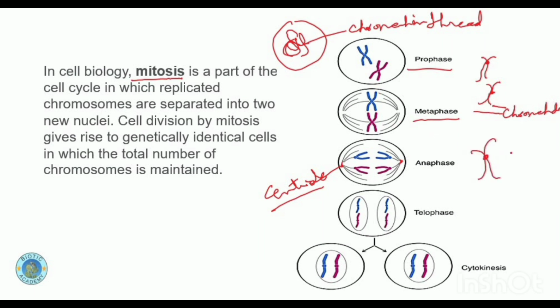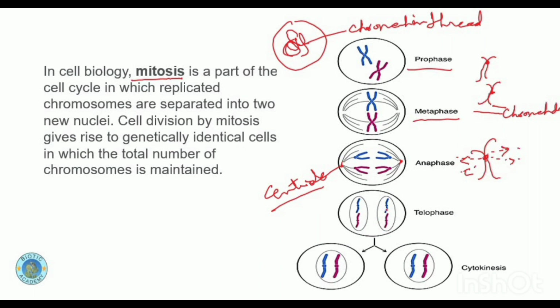This is the centromere. So the thread produced by the centriole will hold the chromosome from the point of their chromatids, and they will start pulling them towards the opposite pole like this. So you can see that these chromatids get separated from each other and start moving towards the opposite pole.